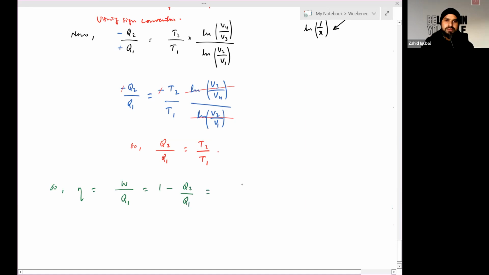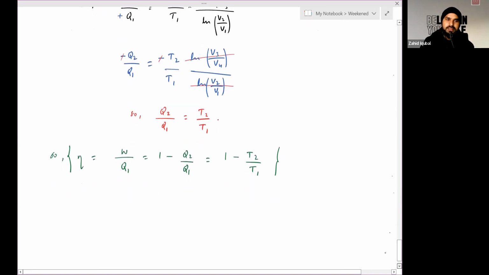And Q2 by Q1 is also equal to T2 by T1. So we can write 1 minus T2 by T1. So this will be the generalized relation to find eta, or efficiency, of this heat engine.